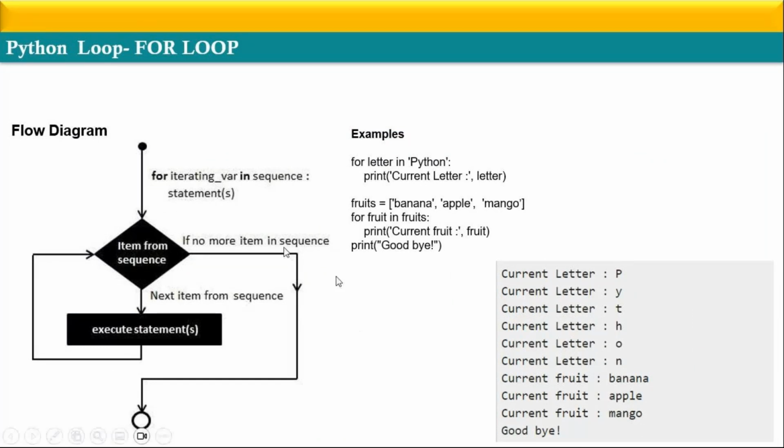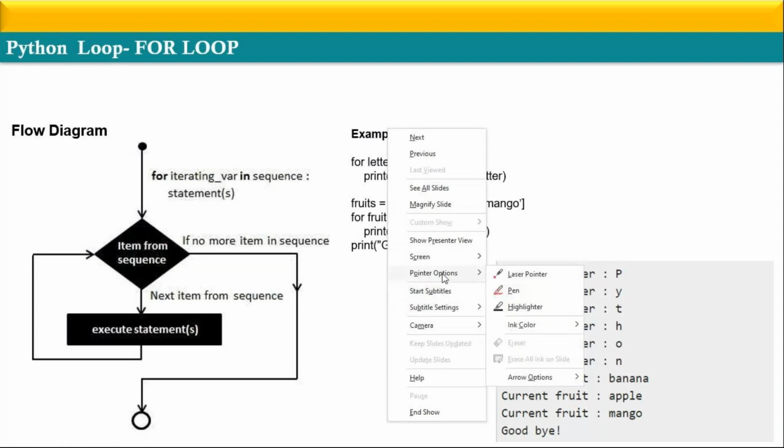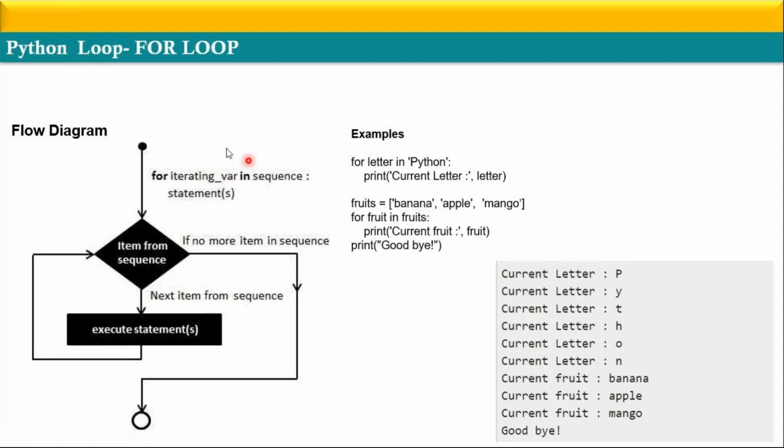So once we need to iterate over a particular sequence or collection, we are going to utilize the for loop. What will be the execution flow, the block diagram, for this for loop? We have items from the sequence, which might be a list, tuple, array, or dictionary.